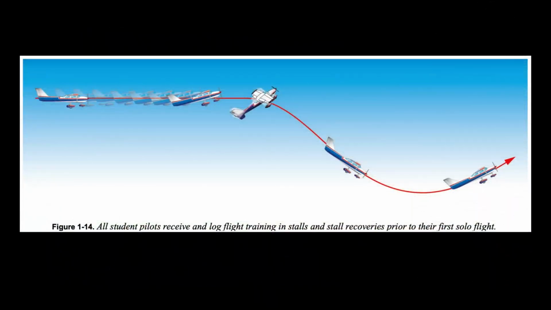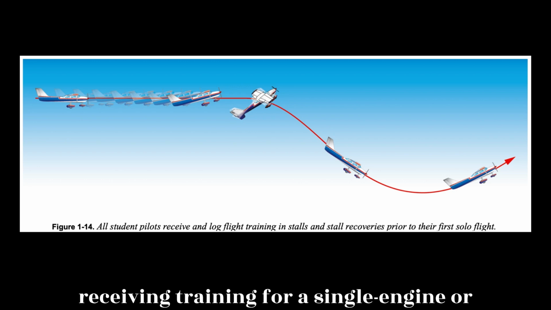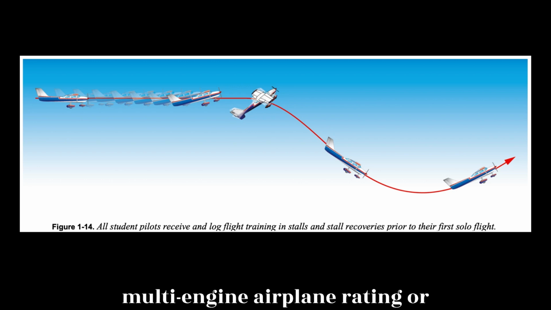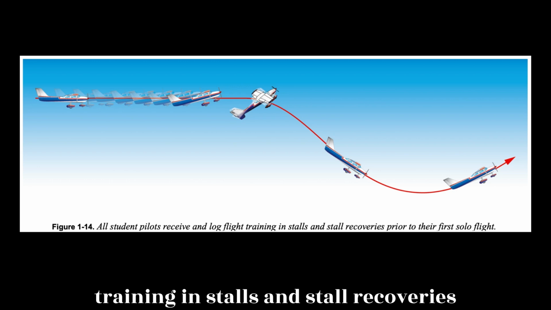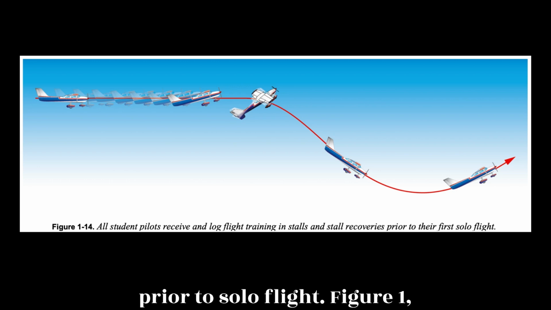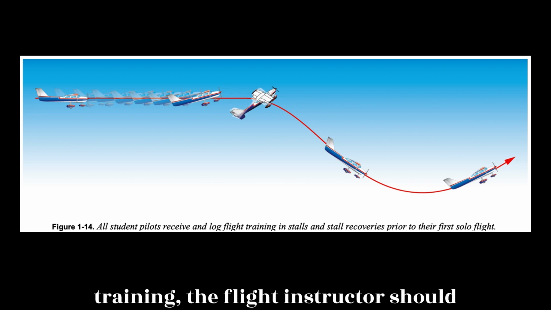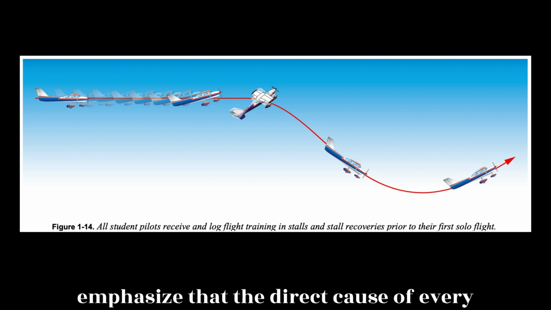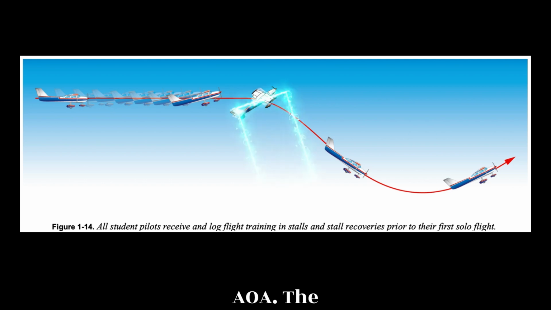Stall awareness. 14 CFR Part 61, Section 61.87(d)(10) and (e)(10) require that a student pilot who is receiving training for a single-engine or multi-engine airplane rating or privileges, respectively, log flight training in stalls and stall recoveries prior to solo flight. Figure 1.14. During this training, the flight instructor should emphasize that the direct cause of every stall is an excessive angle of attack (AOA).